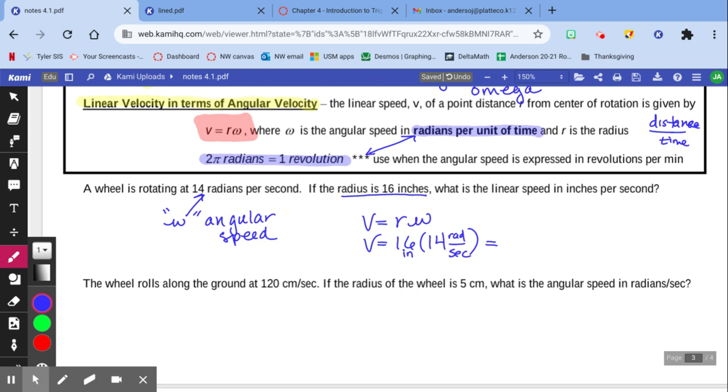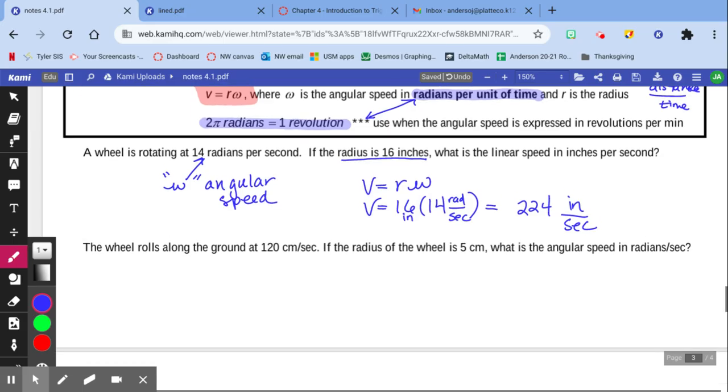Here I can multiply 16 times 14, and I will get 224 inches per second. So we can leave off the radians, and we can write it in terms of distance over time.